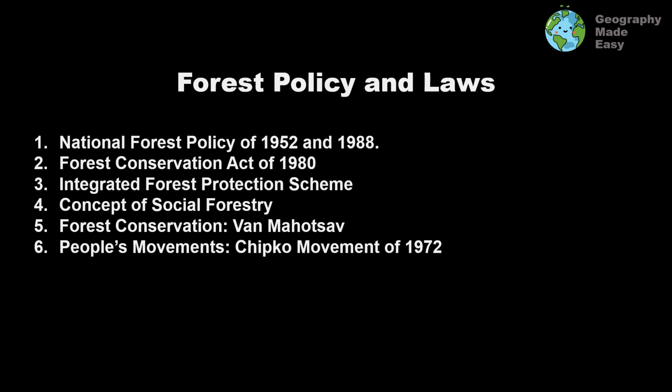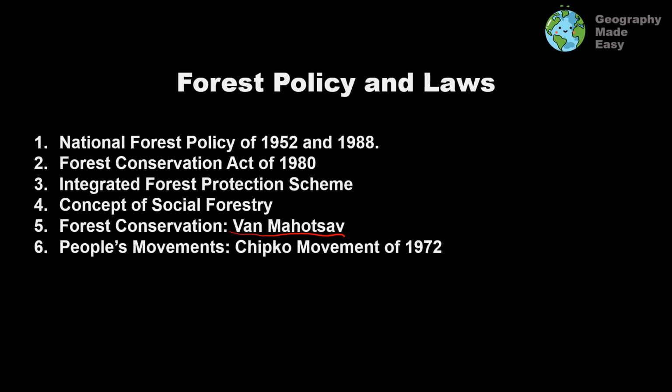Now we come to certain kinds of conservation measures, where we'll talk about the Van Mahotsav. The idea came up when every individual was asked to plant trees, so there was a festival of planting trees. Van means a forest in Sanskrit, and Mahotsav means a festival.